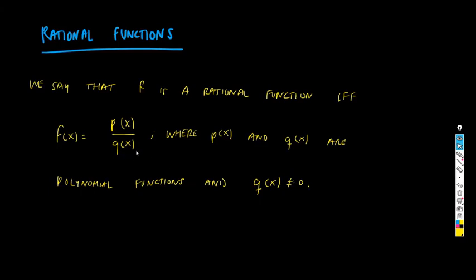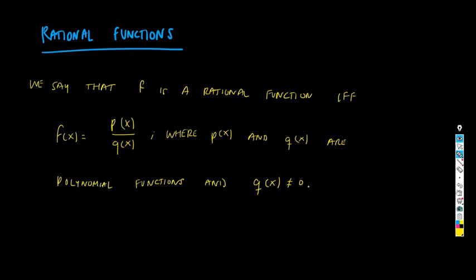Remember that we never allow division by 0, and that's why we want to restrict q of x to be different than 0.